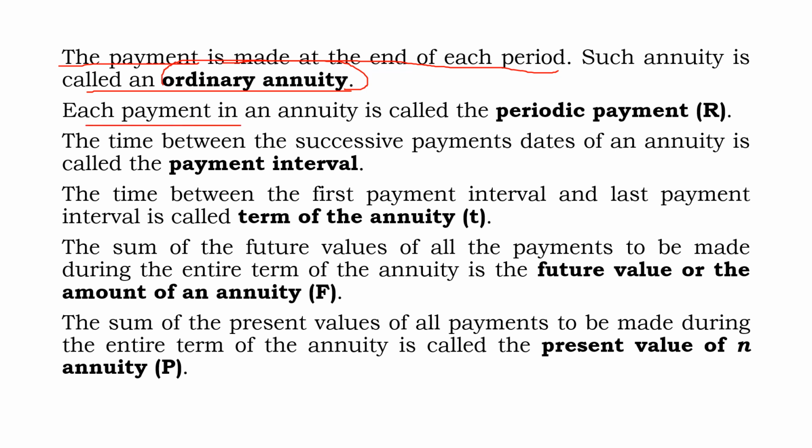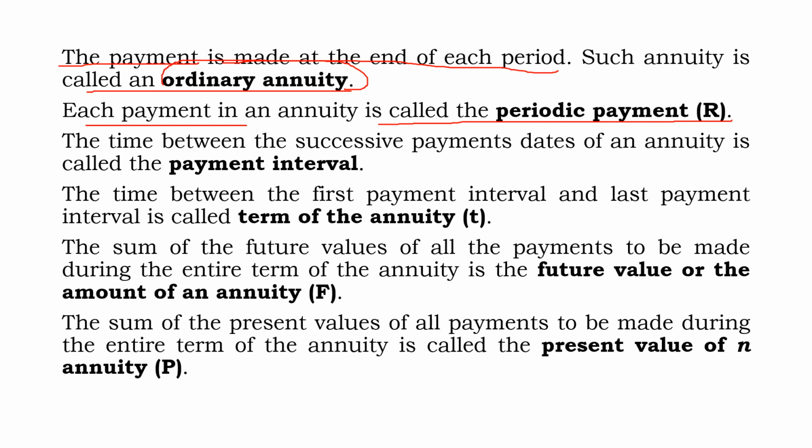Each payment in an annuity is called the periodic payment, or it can be represented by using your big letter R. If you're asked to represent periodic payment, we can use your big letter R to represent this one.